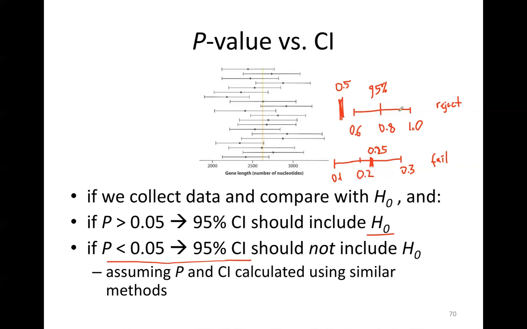In one case, they're telling us the sample is inconsistent with the null hypothesis. Here, they're telling us the sample is consistent with the null hypothesis. In general, these results would be consistent if we're constructing them using similar methods. What those methods will be, we'll be talking about in the coming weeks.